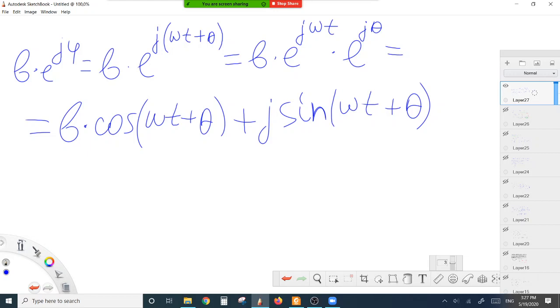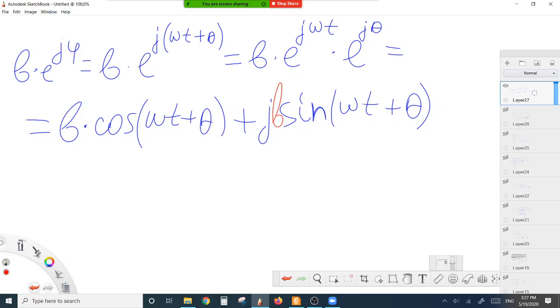Here there was a mistake, it should also be j b sine (omega t plus theta).